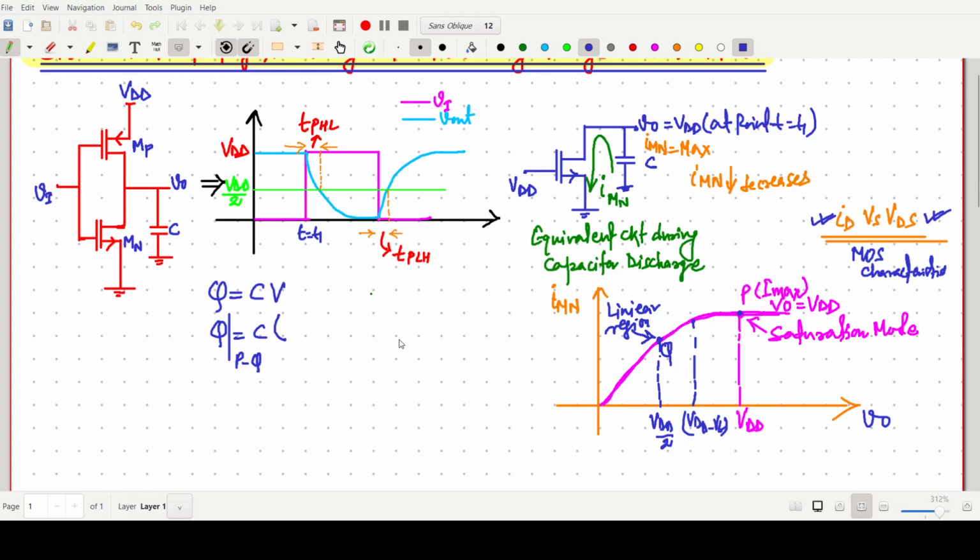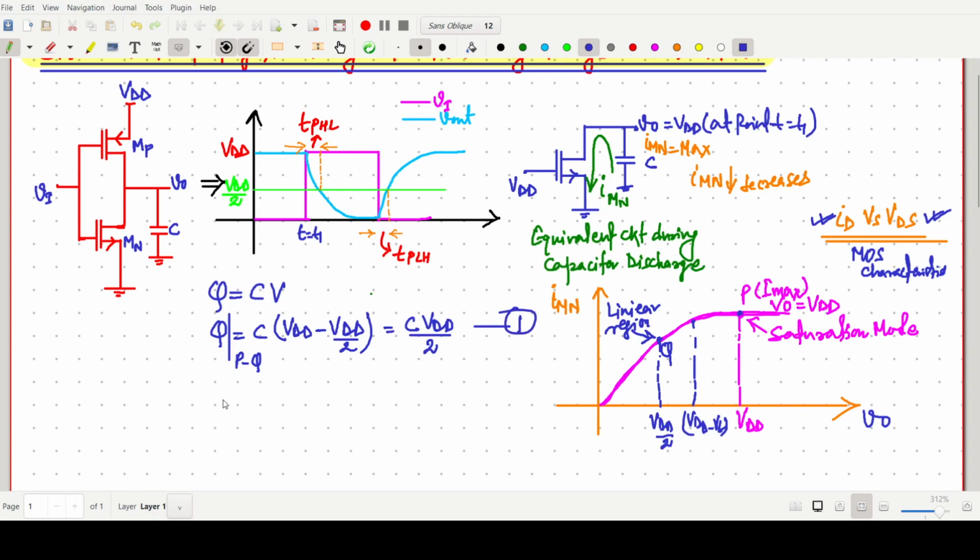At this point it is maximum, that is our VDD minus VDD by 2. So it should be C VDD by 2. We have to equalize the charge. So this one is equation number 1.